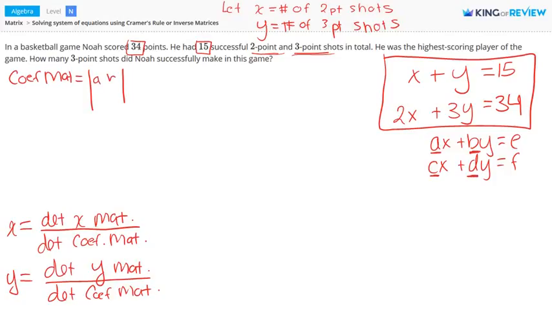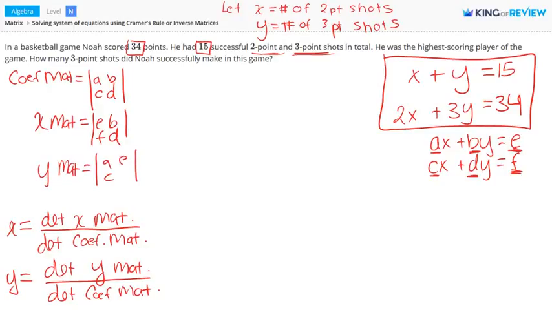So A, B, C, D. The x matrix, we'll start with E and F. You can see that E and F are the constants in the 2 linear equations, and the other entries are B and D. And then the y matrix, this is A, C, E, and F. So this is how we set up our matrices.